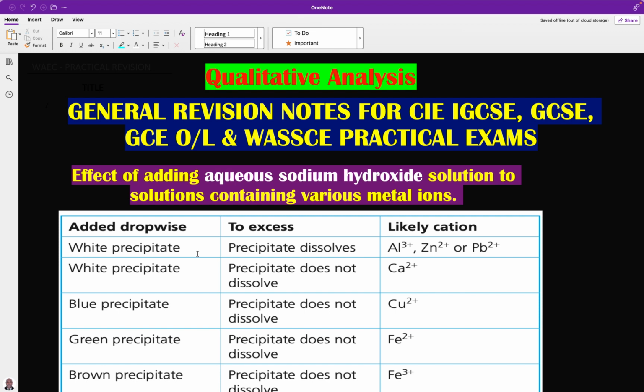Then, on adding aqueous sodium hydroxide solution to excess, the white precipitate will dissolve. Our inference, or the likely cation in this salt solution, would be aluminum ion, zinc ion, or lead ion.